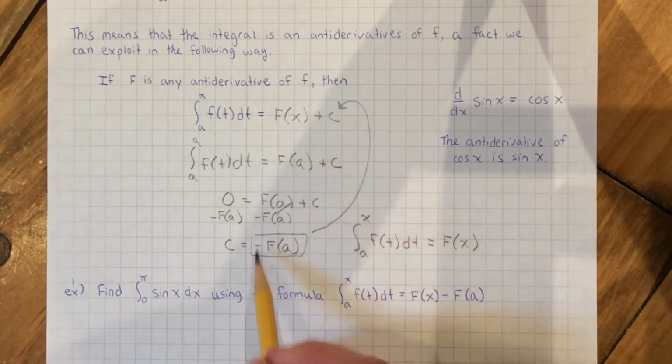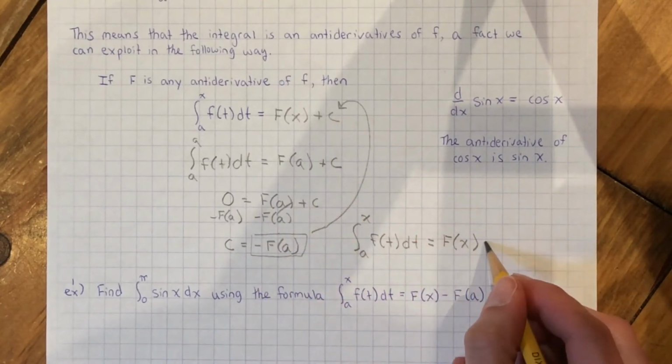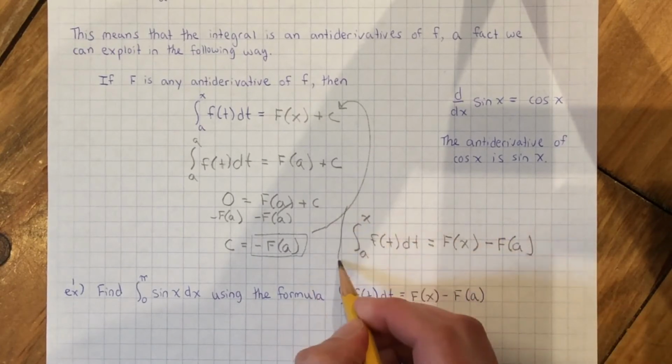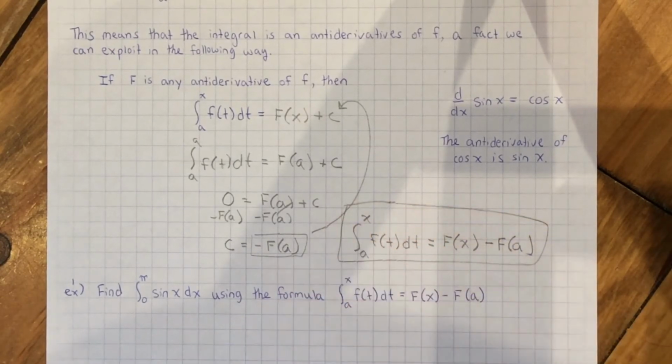Now c, I'm going to replace with negative F of a, so minus F of a. This is going to be very useful in this section and in the sections to follow. So it says, to evaluate this integral, we use the antiderivative of x, or of our upper bound, minus the antiderivative of our lower bound.